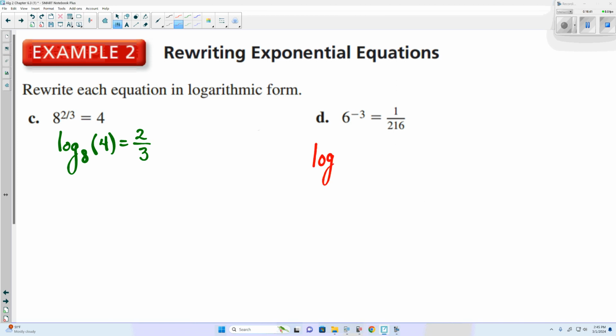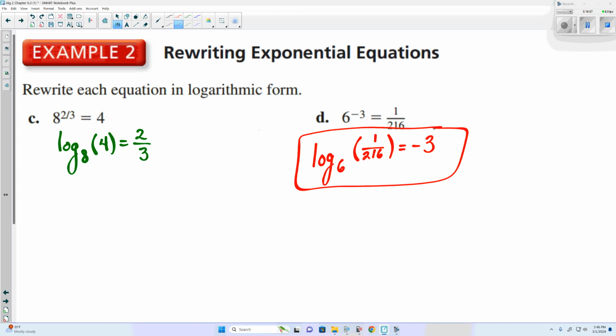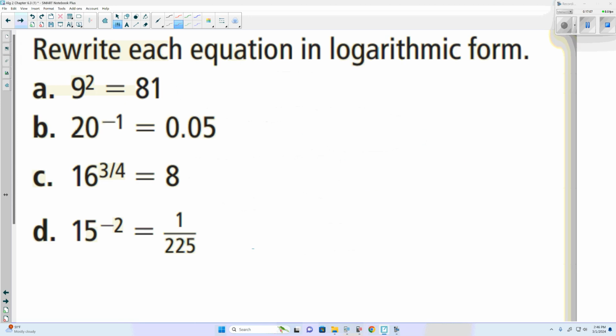6 to the negative 3 equals 1 over 216. This would be log base 6 of 216 equals negative 3. Yep. Questions on this here? Are you ready for the next one? 9 squared equals 81.